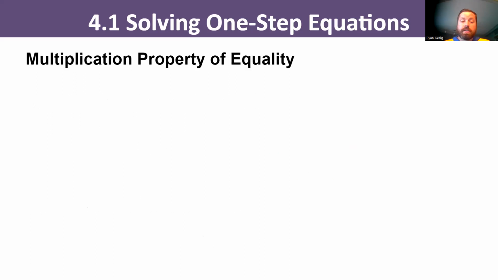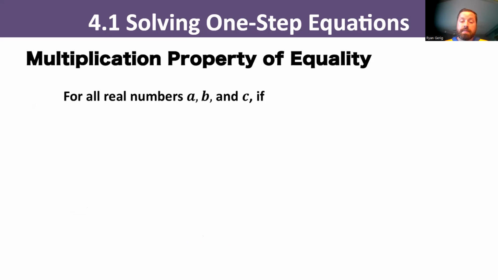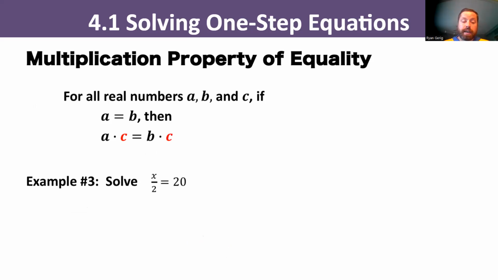The multiplication property, A, B, and C again. If A and B are equal, then I can multiply both sides by C. You're hopefully noticing a pattern here. Let's look at x divided by 2 equals 20. That's an equation. The expression x over 2 is equal to 20.